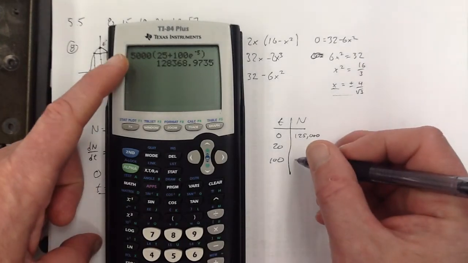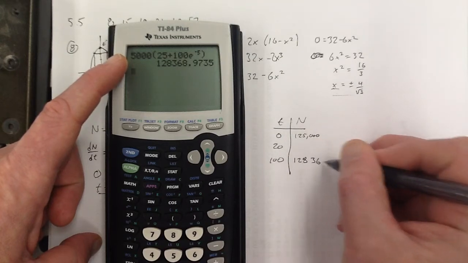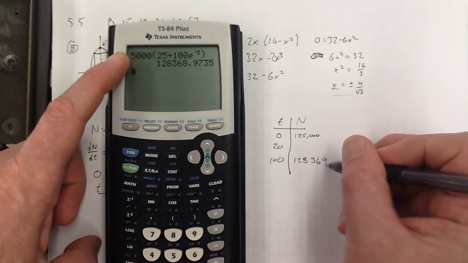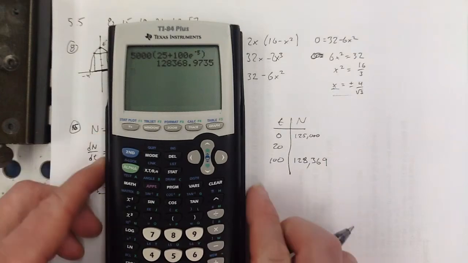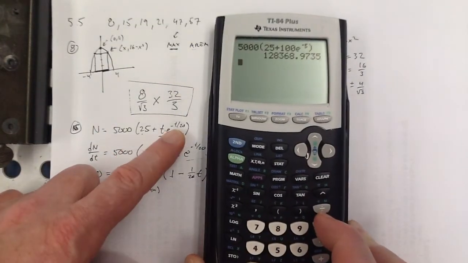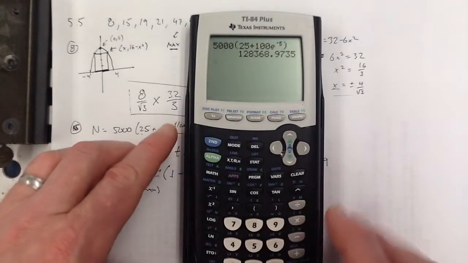And that's going to be 1, 2, 3. If I round to the nearest bacterium, that would be that. And then the other thing I need to plug in, oh, did I plug that in right? Yeah, I think I did, is to plug in 20.